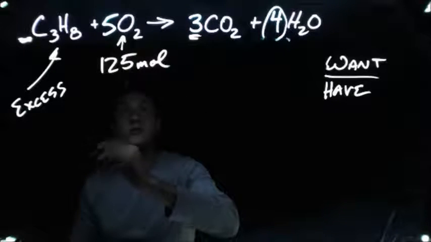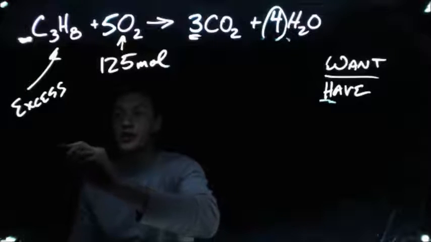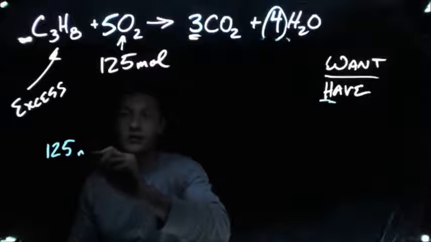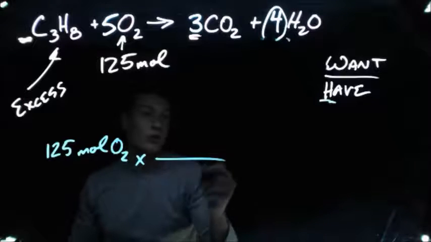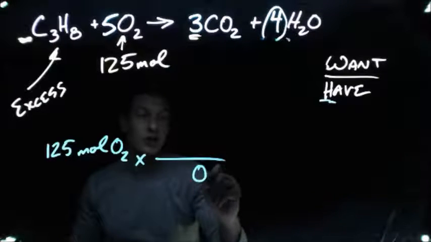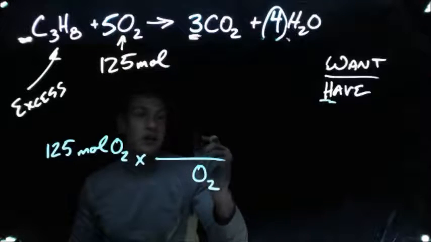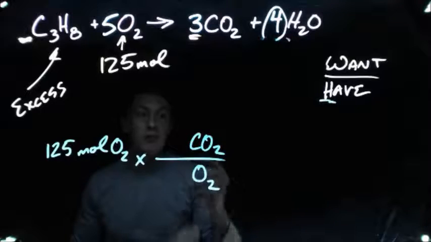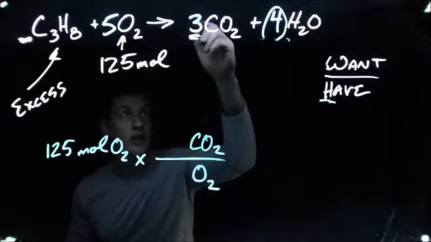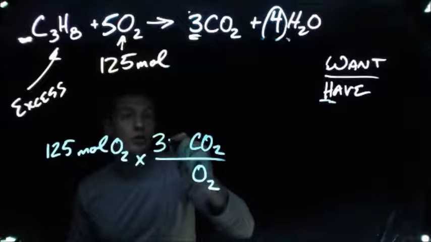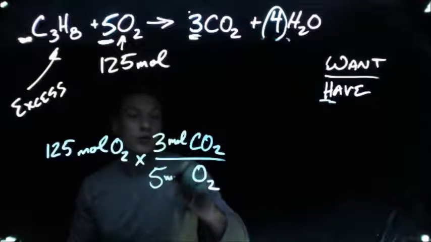So now, what I have is 125 moles of oxygen. So 125 moles of O2 times, and so what I have is oxygen, so it's going to go down on the bottom. And first we'll try and figure out our carbon dioxide, so CO2 is going to go on top. And the numbers that I'm going to put in there for the numerical ratio, it is 3 moles of carbon dioxide for every 5 moles of oxygen.